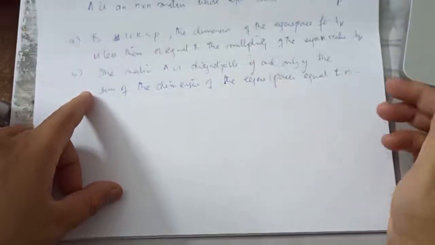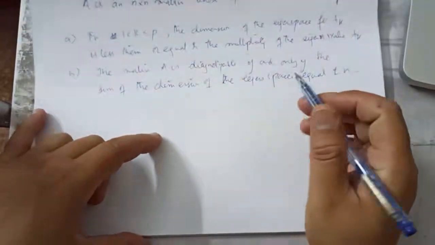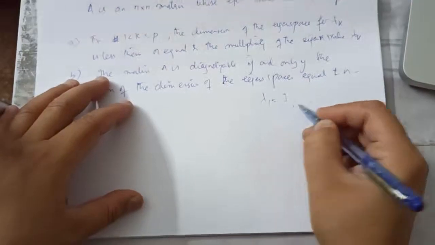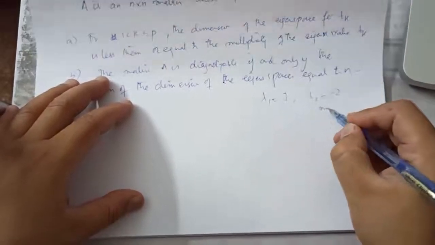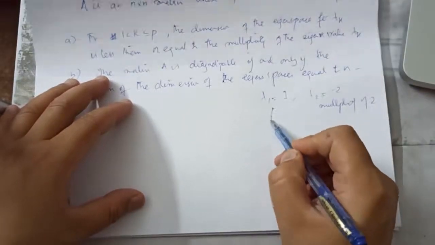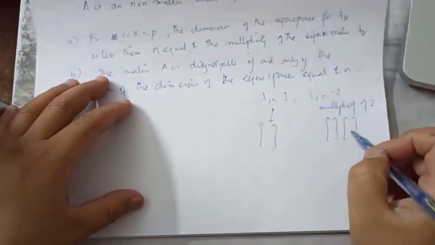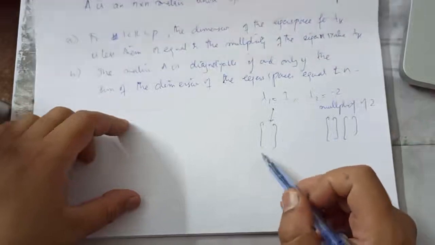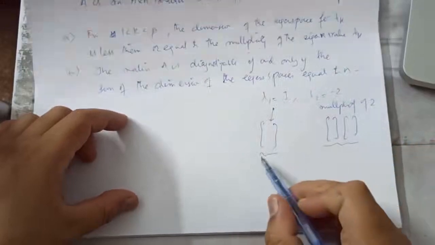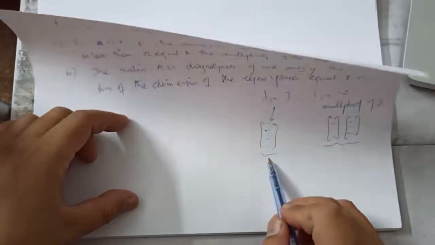For example, in the first example that we did, in which we were able to diagonalize A, remember that lambda 1 is equal to 1 and lambda 2 is equal to minus 2 with a multiplicity of 2, right? Here we had one eigenvector, and there we had two eigenvectors corresponding to that value. So the sum of dimensions: this eigenvalue has a dimension of 1, and the other has a dimension of 2, because they exist in 3 dimensions, so 1 plus 2 is 3.